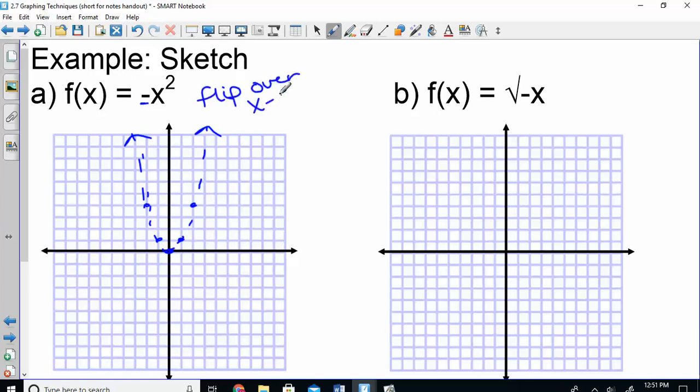So what that does is flip over the x-axis. Okay, or just think about each point if you make the y negative. This is at 0, so it won't go anywhere. Here your y is 1, so it goes down to negative 1. Here your y value is 4, so it goes to negative 4. We just make those y's negative, which gives us an upside down parabola.